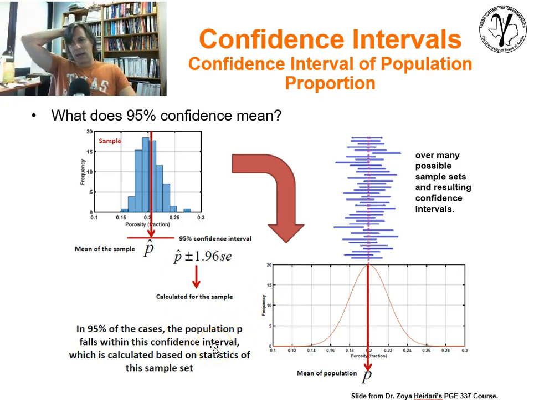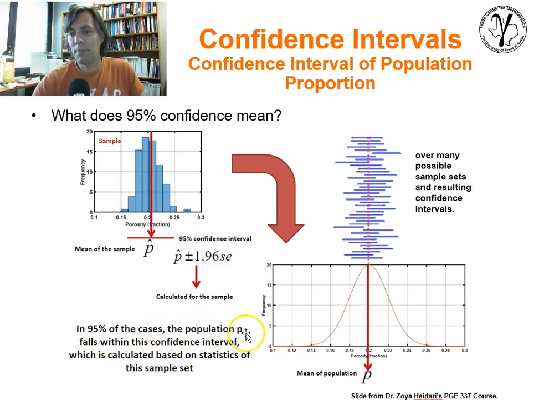What in fact is that? The way to think about it is that in 95% of cases, the true population value falls within that confidence interval. And so we have our sample statistics. You could imagine that if we had different data sets available to us, just randomly collecting different data, we would have different intervals.